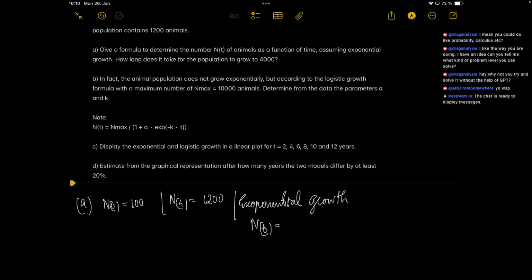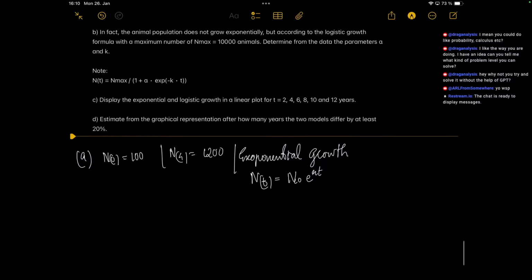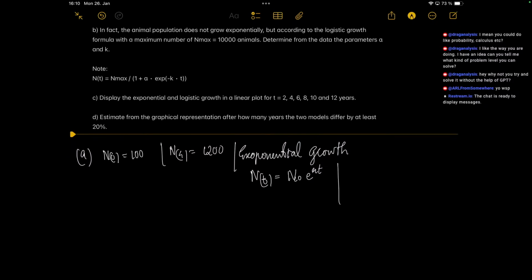N of t equals N0 e raised to rt, right? r equals rate constant.